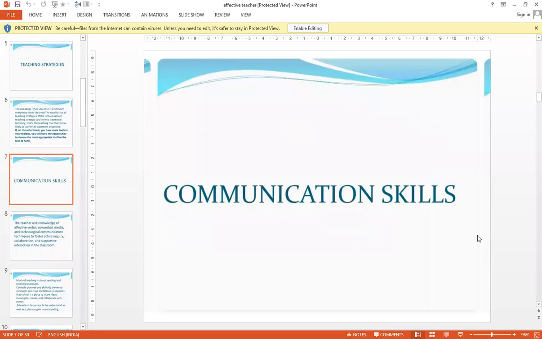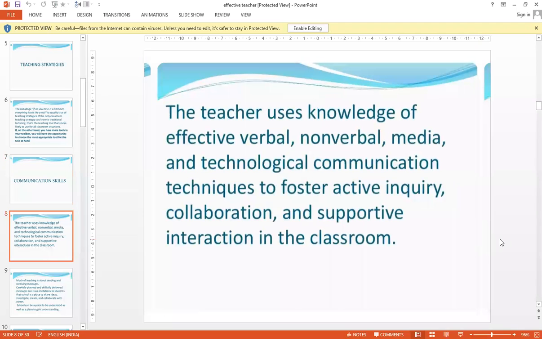Next, communication skills. Let us see what the communication skills of an effective teacher are. The teacher uses knowledge of effective verbal, non-verbal, media, and technological communication techniques to foster active inquiry, collaboration, and supportive interactions in the classroom.